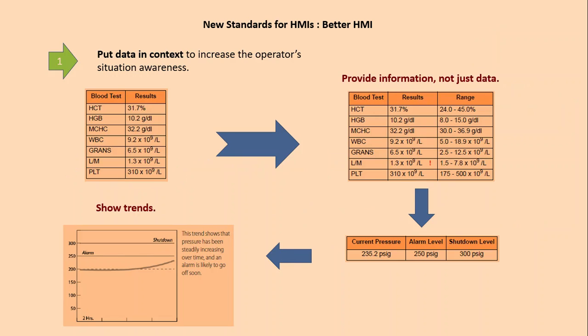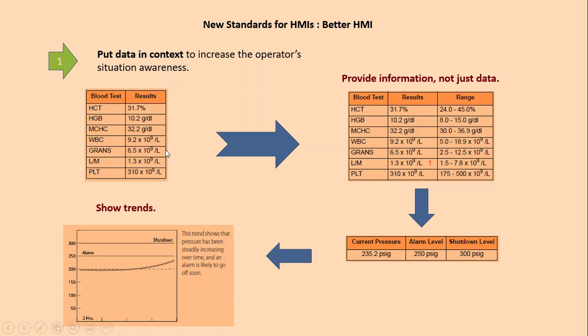So for this slide, if you notice here, the table on the left has limited information, though it has complete information in the sense of the values and results, but you cannot make a decision whether these values are within range, whether the value is near the lower side or upper side.